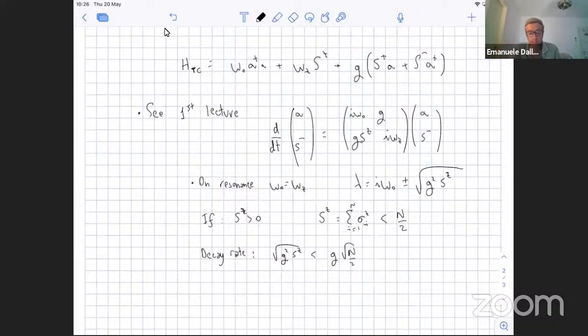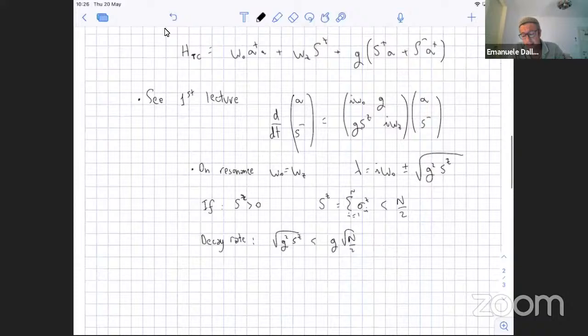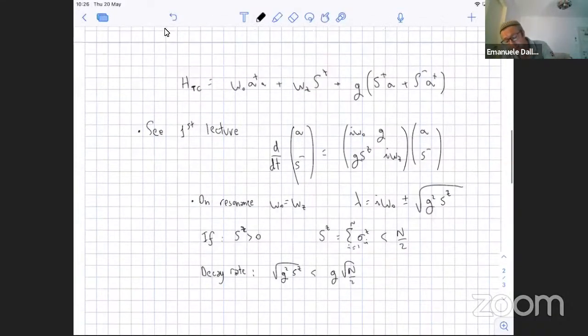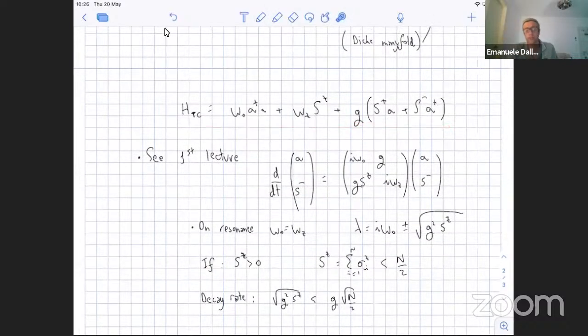But this is not actually the question that Hepp and Lieb asked. They asked a slightly different question. I have given you a Hamiltonian, and I told you that this Hamiltonian has a dynamical instability, provided that the atoms were initially prepared in the excited state. However, Hepp and Lieb asked a different question: let's assume that the system is in the ground state.